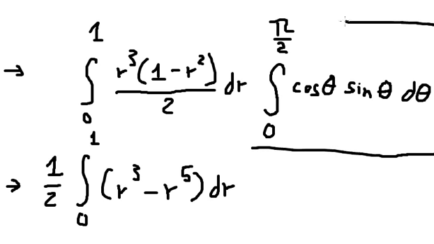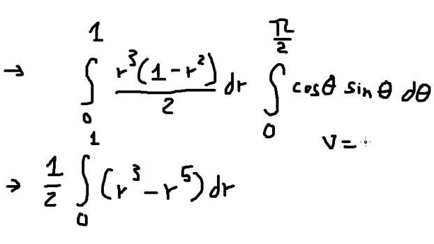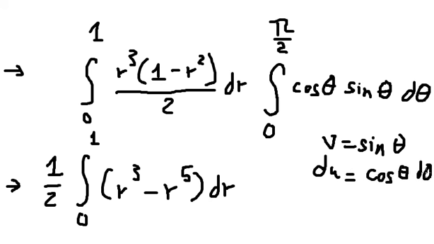This one we can solve using integration by substitution. So we put u equal to sine theta. Then we take the first derivative of both sides. We have cosine theta d theta.